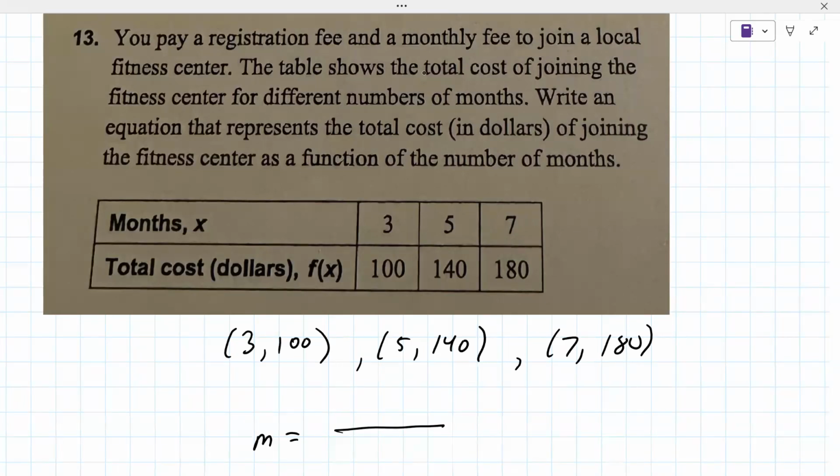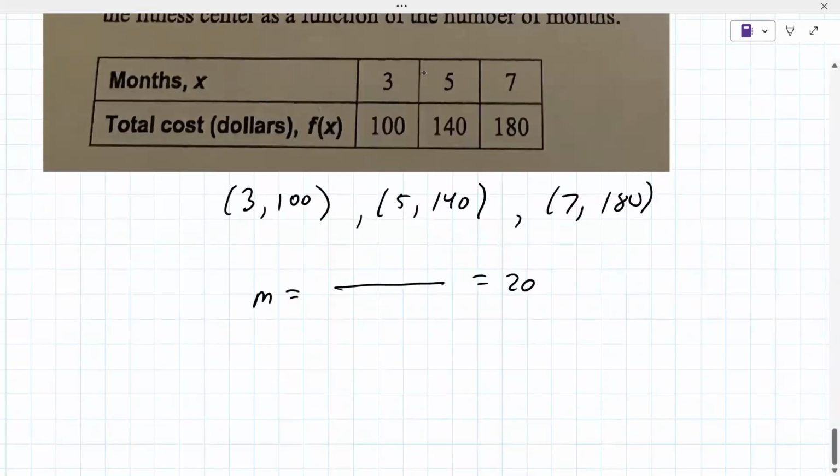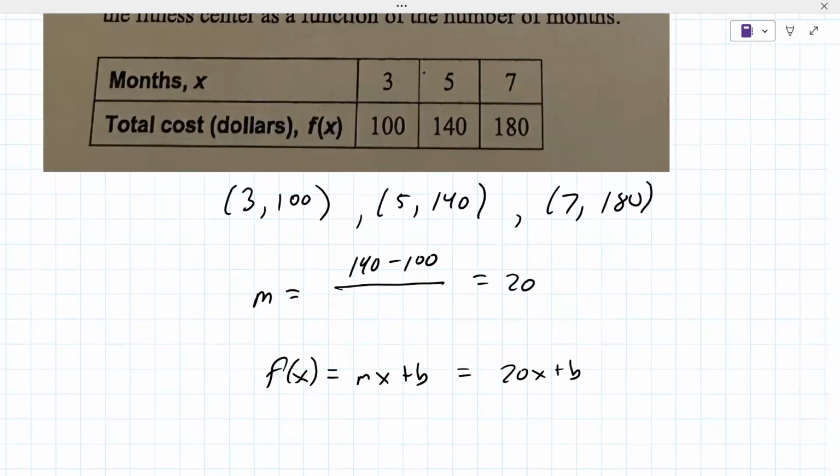So the slope is 20. Slope is 20. Agreed. So if you recall, f of x equals mx plus b. So you got the 20, and you can use any ordered pair you want to find the b value.